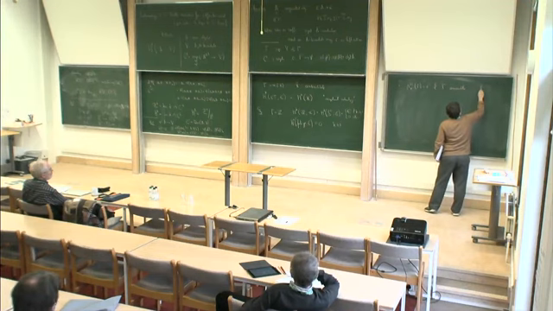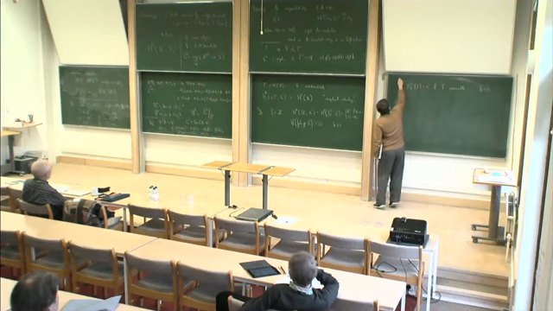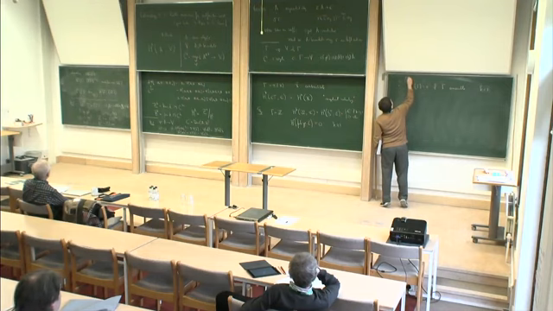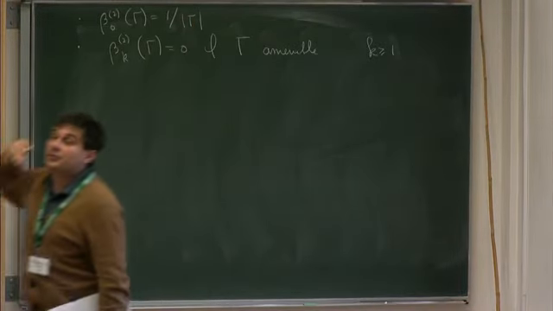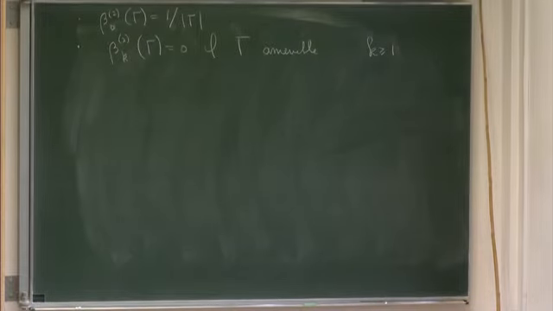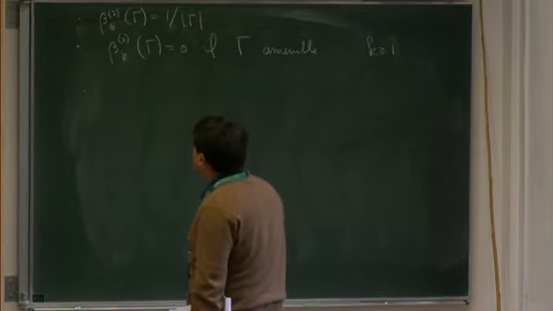Let me just say that k is at least 1. If you wonder about the 0th Betti number, it turns out to be 1 over the order of the group, with the idea that if the group is infinite, that's 0. And then you have various things which are inspired by algebraic topology.